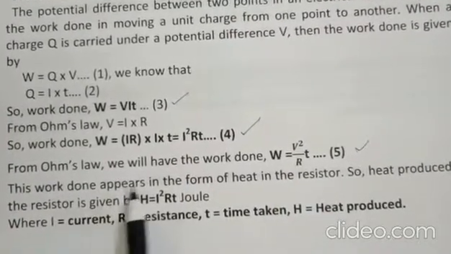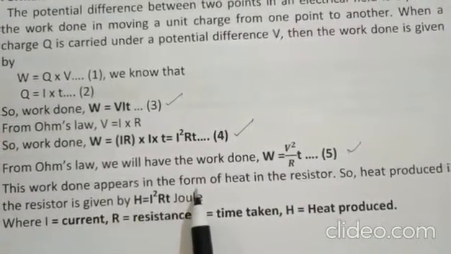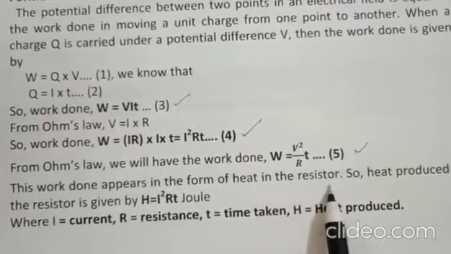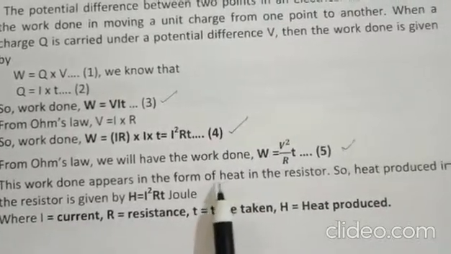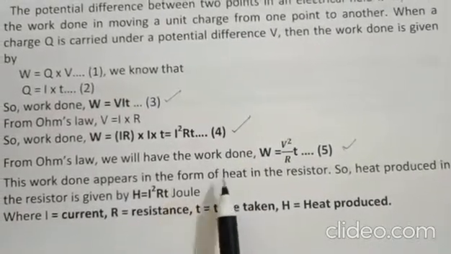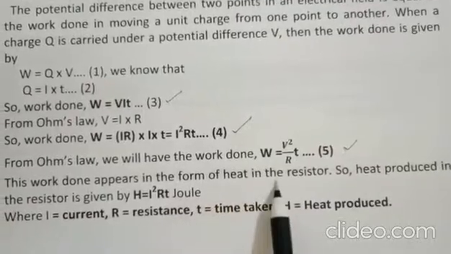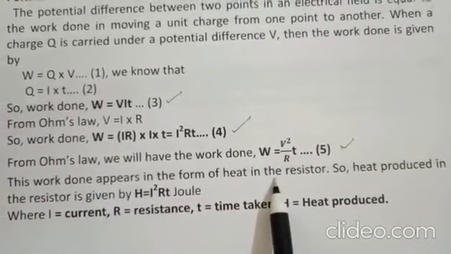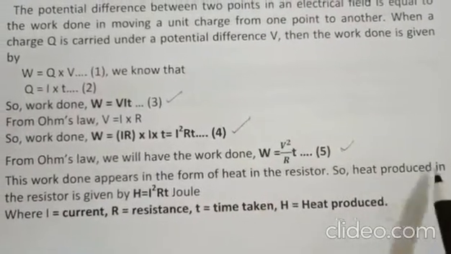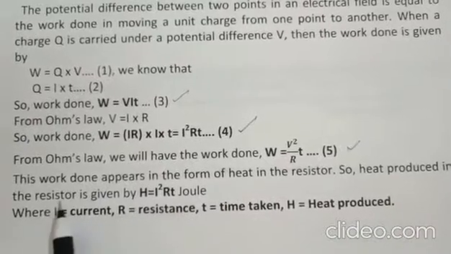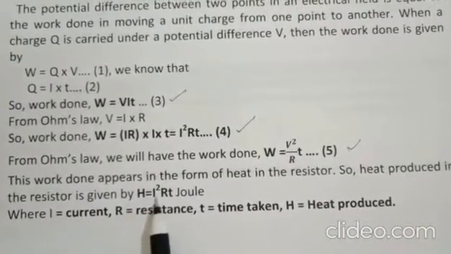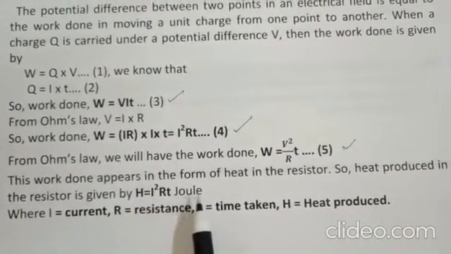Now this work done appears in the form of heat in the resistor. So whatever work has been done by the electrons, this work will increase the temperature of the resistor, producing the heating effect. So the heat produced in the resistor will be given by H is equal to I square RT.